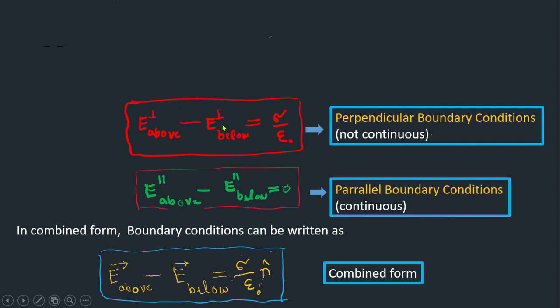Minus E perpendicular below n cap and minus E parallel below x cap will become the net electric field below the surface, and here sigma over epsilon naught n cap plus 0 will become sigma over epsilon naught n cap, and in this way we get the net equation in the combined form. This equation can be written as.